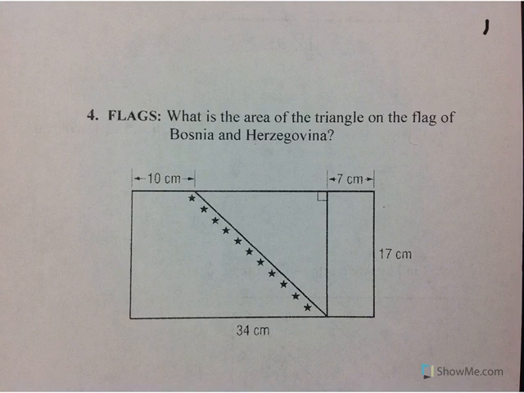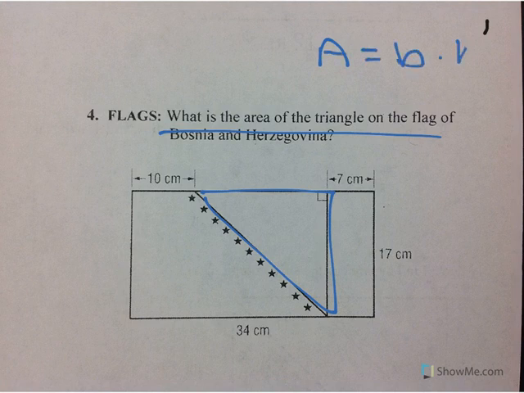So you have to read it very carefully because we're just finding the area of the triangle, which is just that shape right there. So I know, since it's a triangle, that my formula is A equals base times height divided by 2.